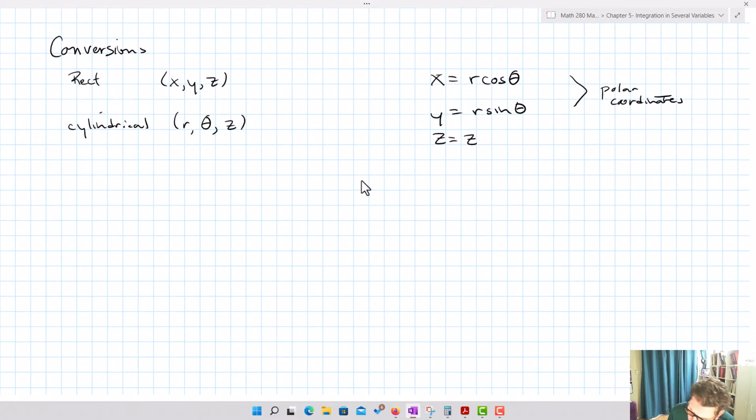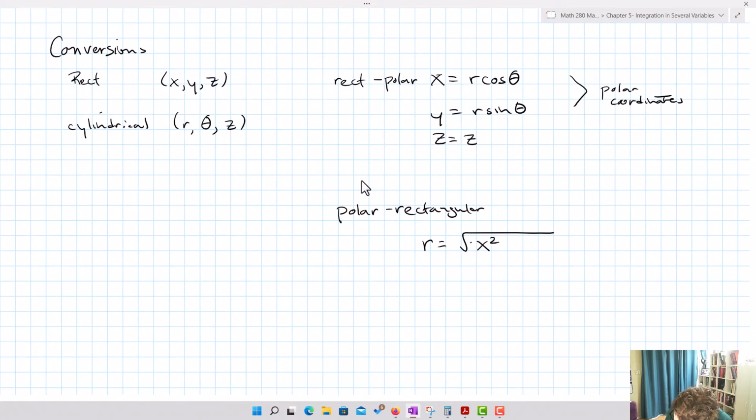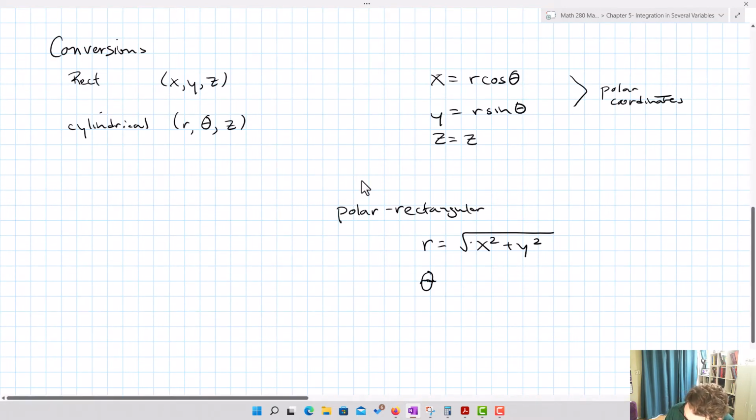Now, if we want to go backwards, let's imagine, so this is going from polar to rectangular. If we want to go rectangular back to polar, just as a reminder, then we know that r is equal to the square root of x squared plus y squared.